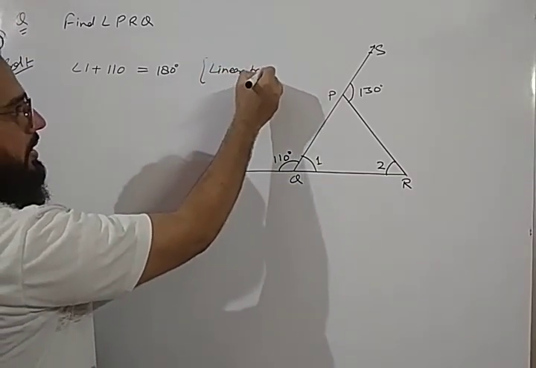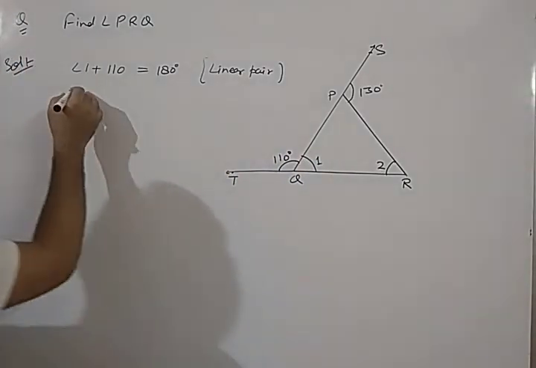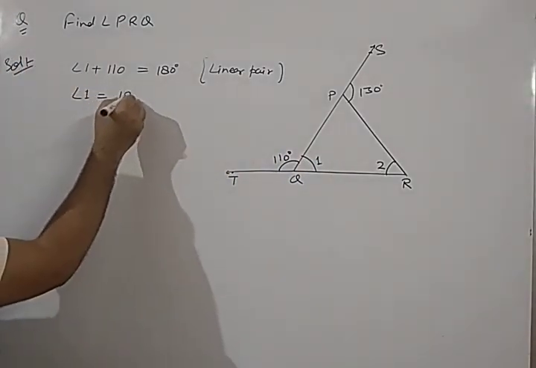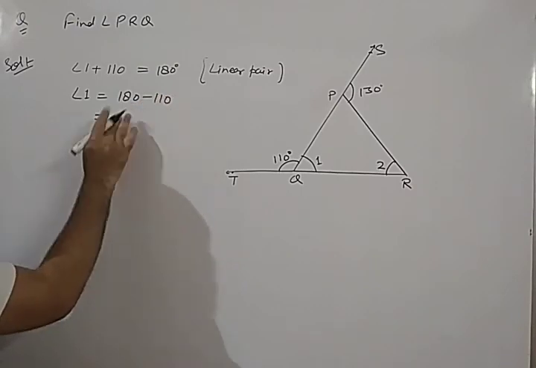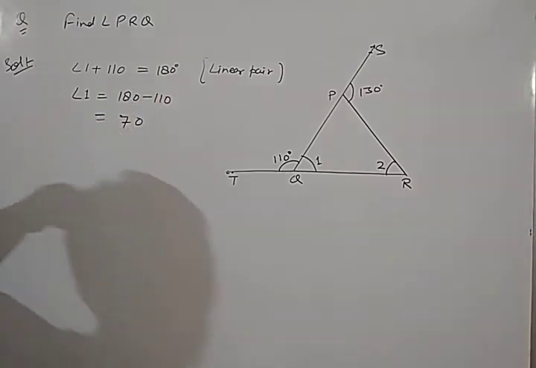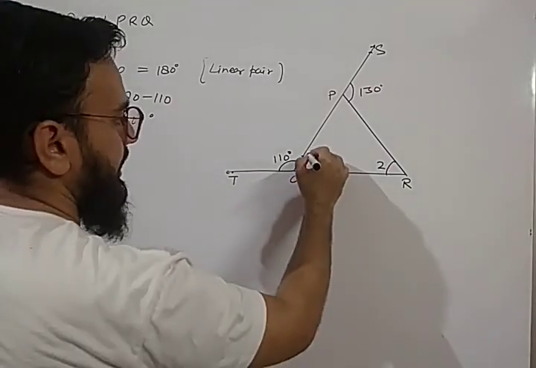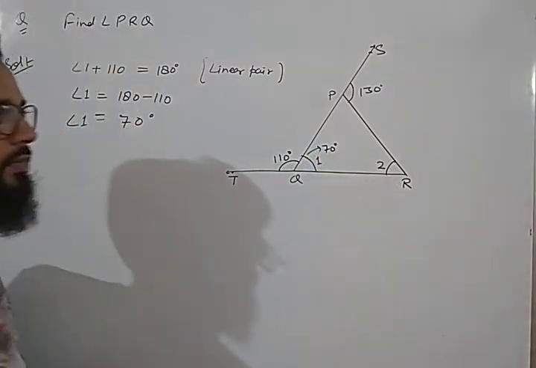Angle 1 plus 110 is equal to 180. So angle 1 is equal to 180 minus 110, that is 70 degrees. So the value of angle 1 is 70 degrees.